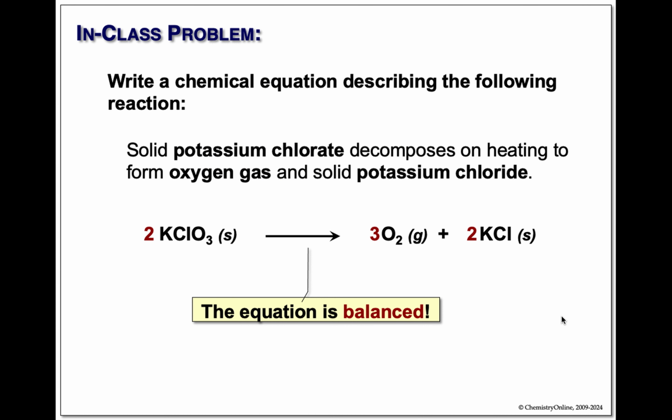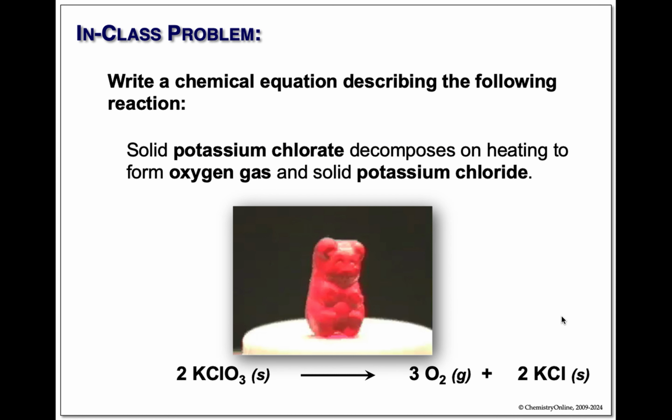Now this is actually kind of a neat reaction. It's a nice, simple way to generate oxygen in the lab. Take a little tube, put potassium chlorate in there, heat it with a Bunsen burner, oxygen bubbles out. It also allows you to do what's called the gummy bear reaction. This is a gummy bear.